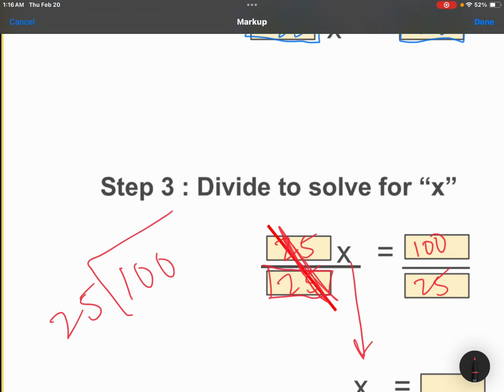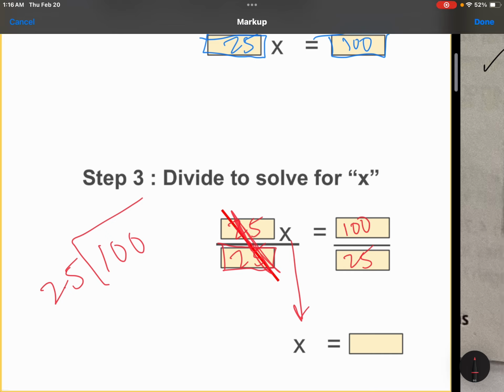Alright, let's figure it out. 25 fitting into 0 times. So multiply, I get 0. Dropping the 0. How many times does 25 fit in 10? 0 times. So again, I subtract and I drop that last 0. Now how many 25s can you fit in 100?